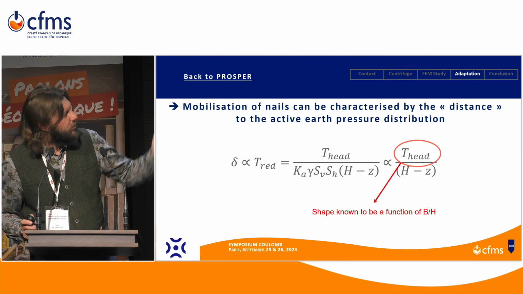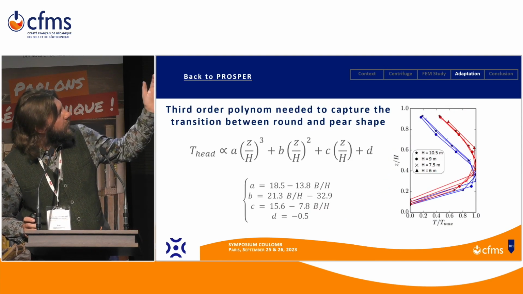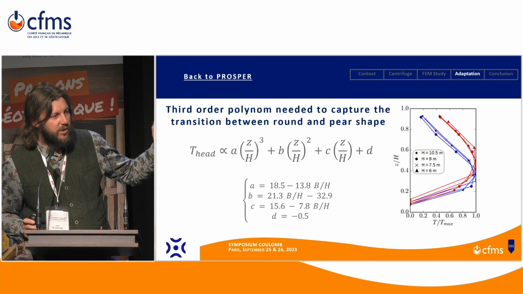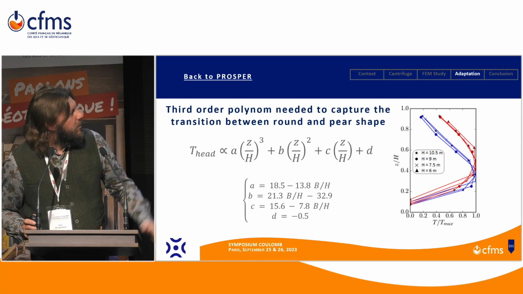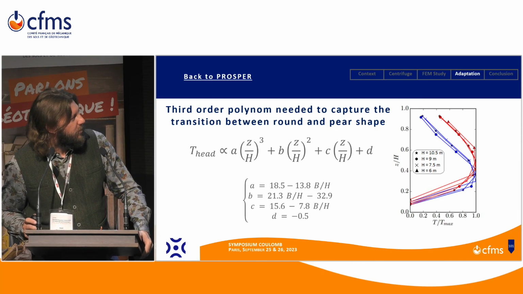The shape is known to be a function of B over H, and I took this function as a polynomial of order 3 in order to capture the transition from a round shape to a pear shape. By linear regression, we get the coefficients of the polynomial.